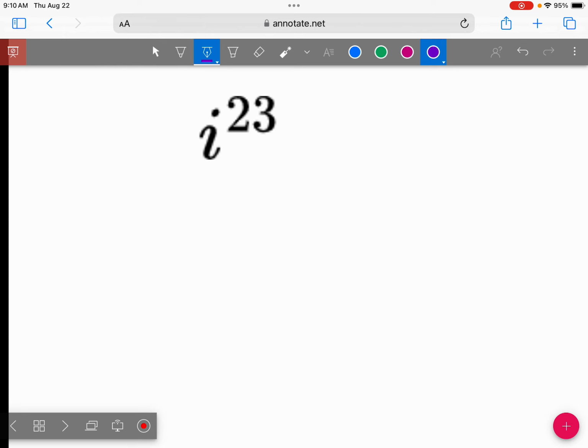I want to break this up into pieces. And I would really like as many i to the 4ths as we can to come out of that because we know those are just 1, right? So how could I divide 23 up into a product that will let me cancel out some i to the 4ths?